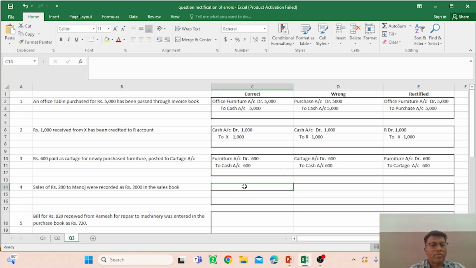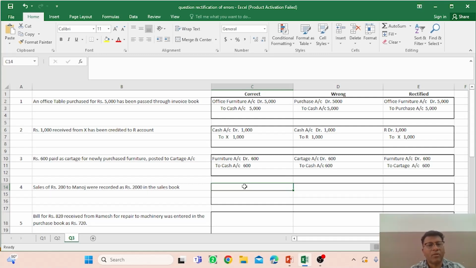Okay. Now the next transaction is sales of rupees 200 to Manoj, which was recorded as rupees 2000 in the sales book. So you are selling the goods to this particular party, Manoj, and it was recorded as 2000 in the sales book. As the term book is given to you in the question, as I already told you, when the book is given to you, it means both sides are affected by this particular transaction.